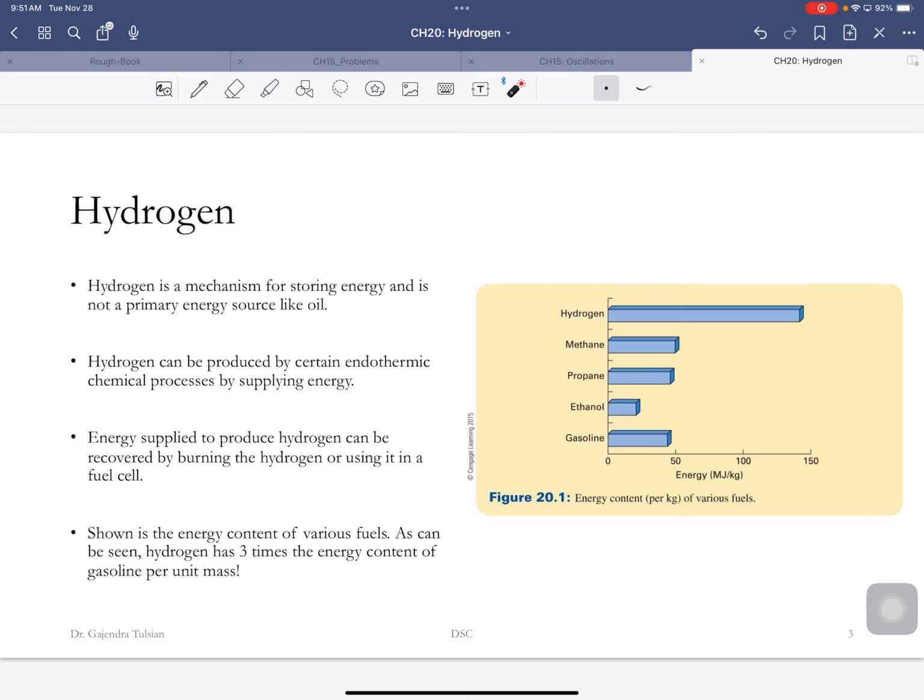How do you compress it? Well, the air in your tires is compressed. The air in your tire has 3 times the pressure that's in this room.